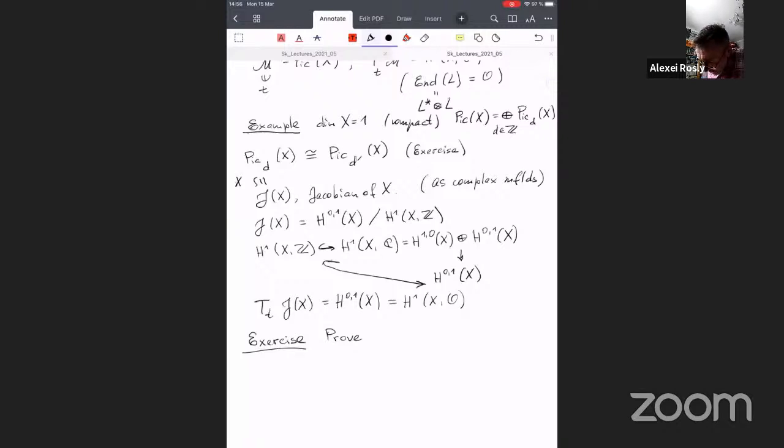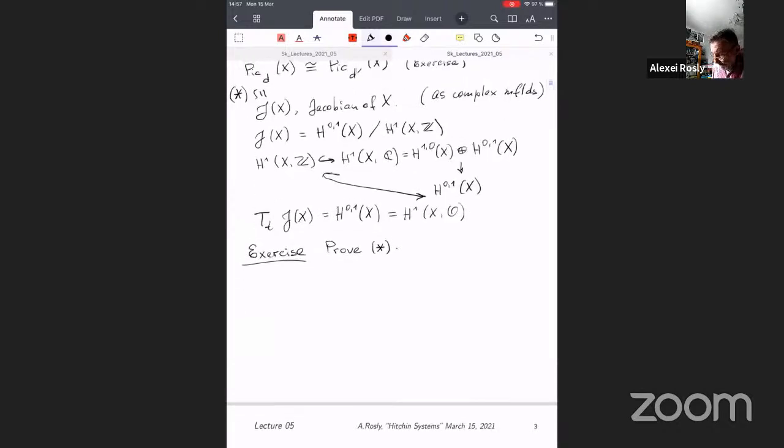So this isomorphism has to be proved. I suggest the following steps for solving this task.